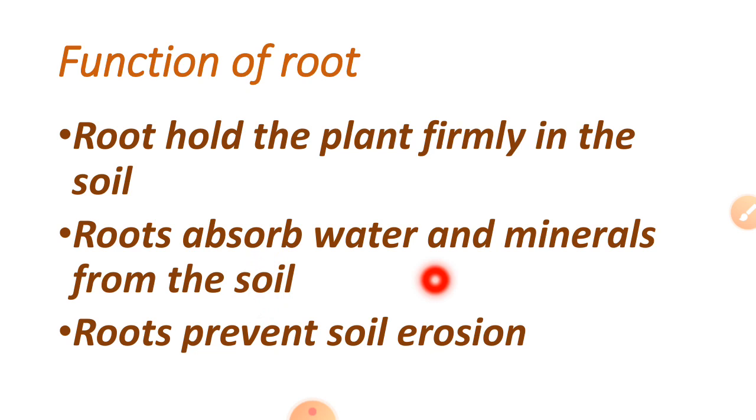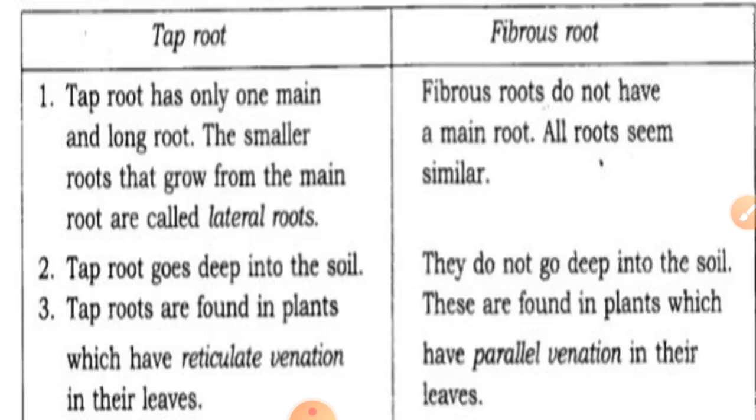Now the third one: the root prevents soil erosion. Roots hold the soil together and save it from being blown off by strong wind or washed away by flowing water. So roots prevent soil erosion also.